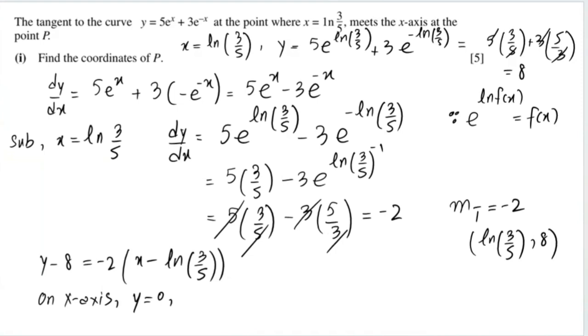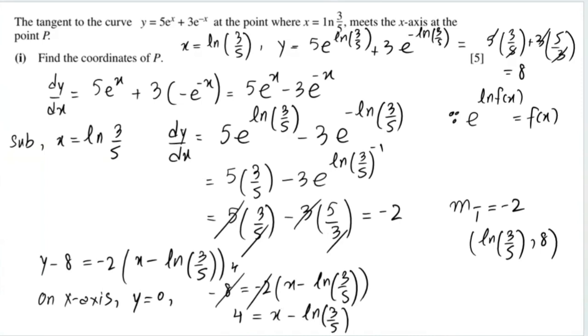So let's sub this in the given equation of tangent in the point slope form. This will be minus 8 equals minus 2, x minus natural log of 3 over 5. And I can get a 4 if I divide both sides by 2. So 4, and this is going to be x minus natural log of 3 over 5.